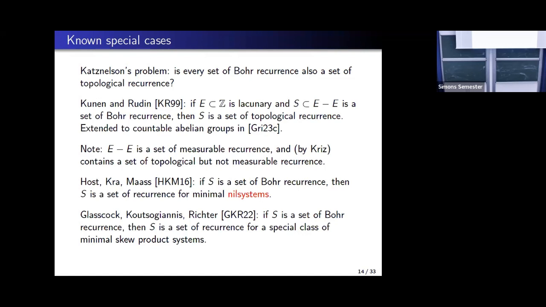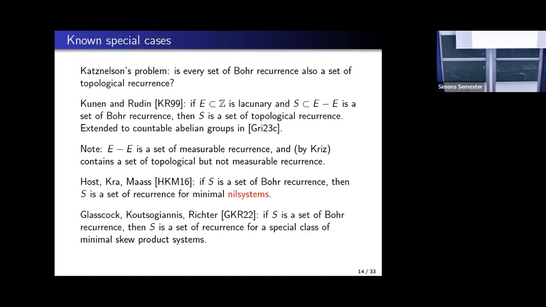Lacunary in a general abelian group: the real secret structure here is that lacunary sets are I0 sets. An I0 set in the integers is one where every bounded function can be uniformly approximated by a trigonometric polynomial. That can be defined in, and exists in, any countable abelian group.